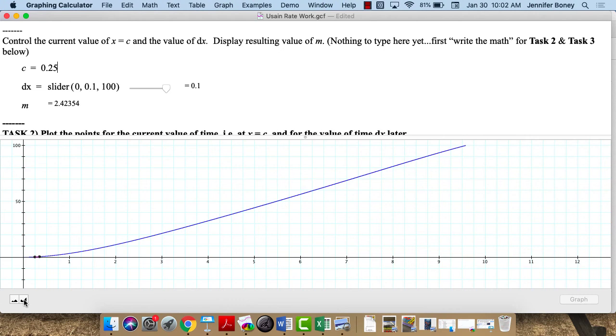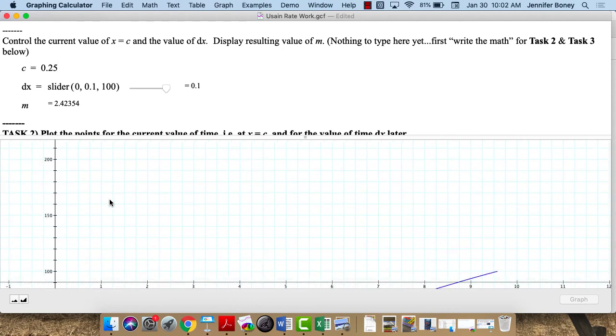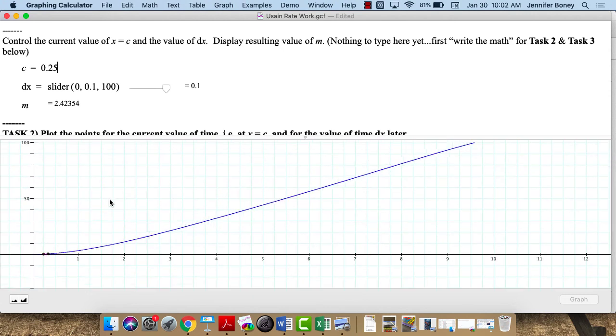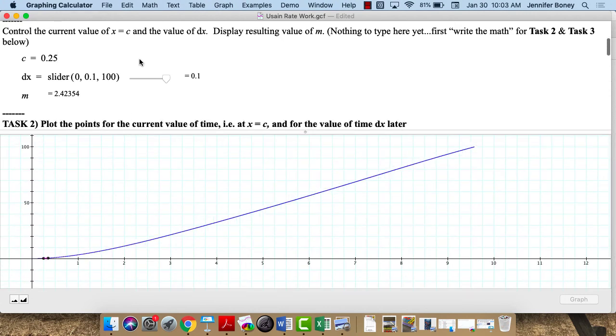Now, if you actually wanted to have the graph do what I had in class the other day, sorry, I was trying to move this here.